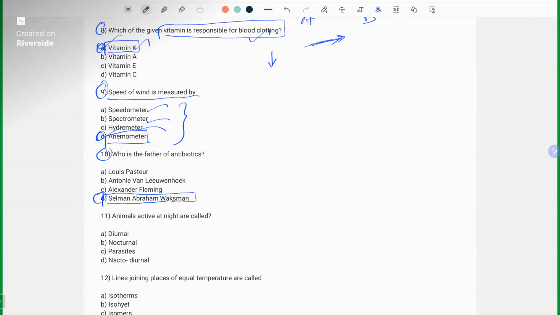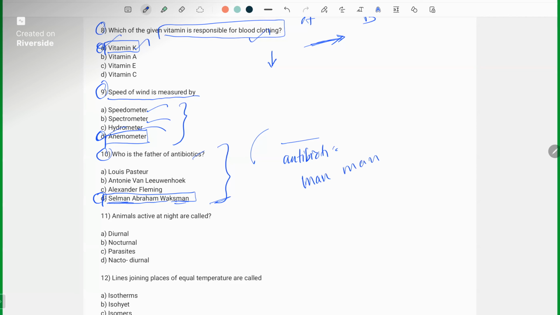Just remember, they are asking you these kinds of factual questions. Who is the father of this, who discovered this, who invented that? When such factual questions come, you have to make sure you have some process of memorizing this. Antibiotics means Waxman, Selman Waxman. You can have illogical methods to remember such things.